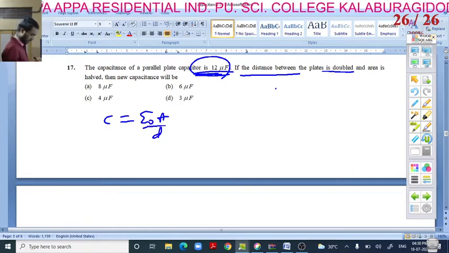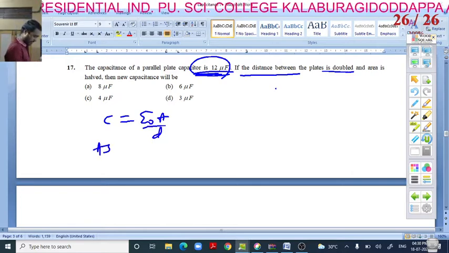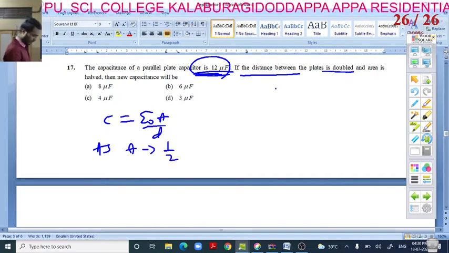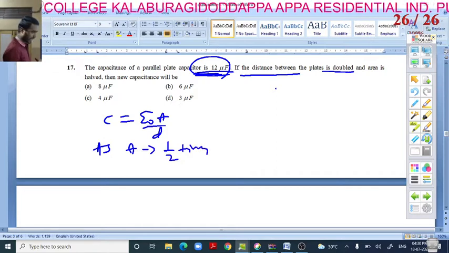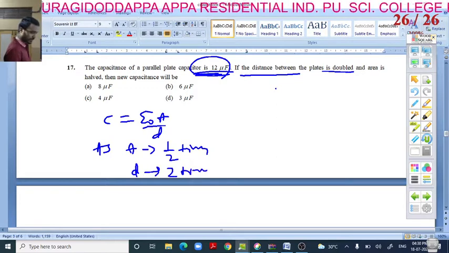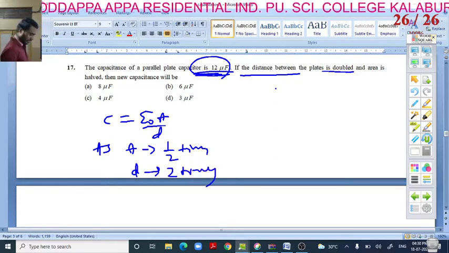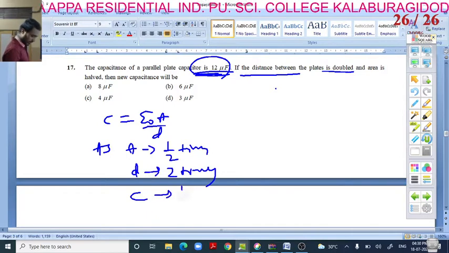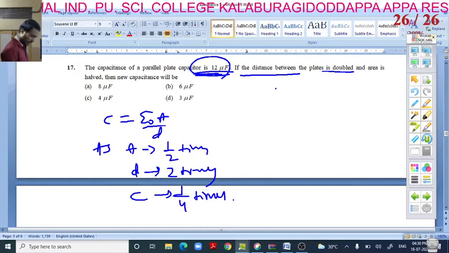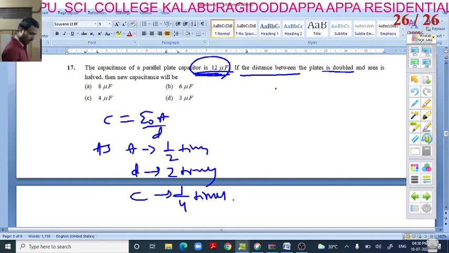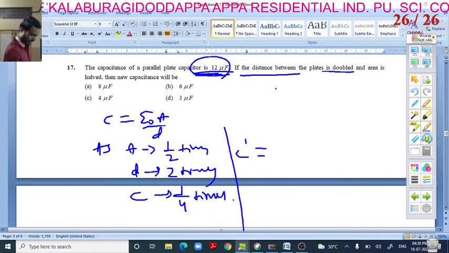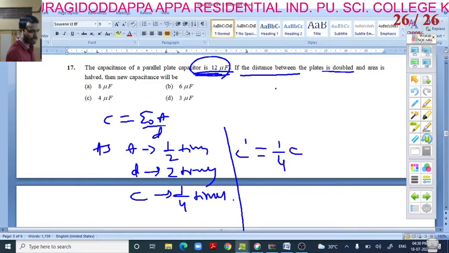We know this, right? As A becomes 1 by 2 times and distance becomes 2 times, according to the question, C becomes 1 by 4 times of its initial value. So C dash is equal to 1 by 4 of initial.